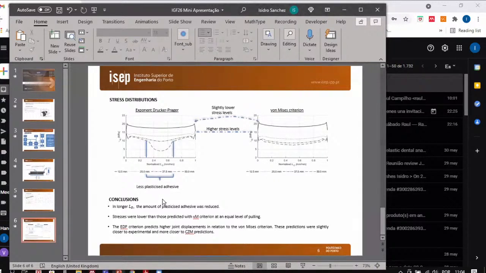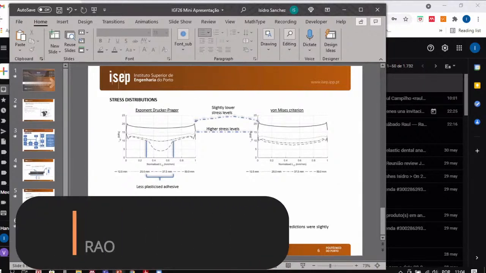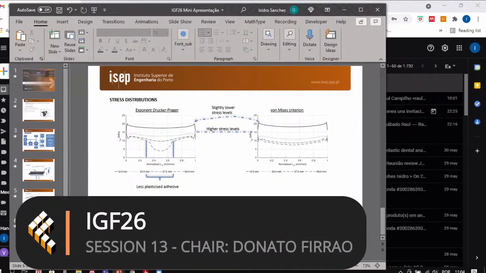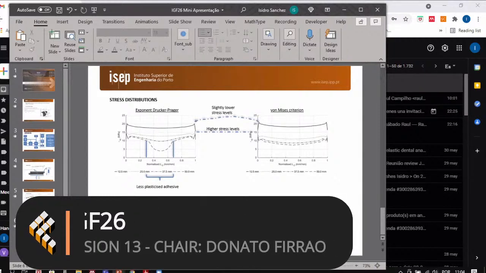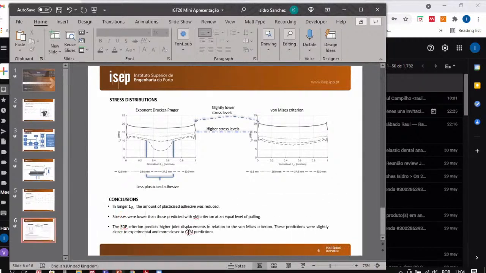However, it accounts for the prediction of the strength. And we can say that the exponent Drucker-Prager criteria predicts higher joint strengths in comparison to the von Mises. And these predictions are closer to the other numerical techniques that are more well known in the literature.